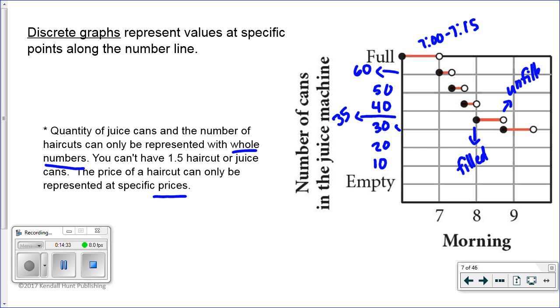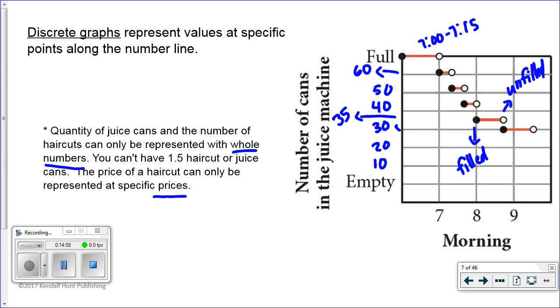So take a moment and think about why one of those circles might be filled in, and why one of those points might be an unfilled or an open circle. Think about what you know about graphing inequalities on a number line. When a circle is filled in, it's going to be equal to, right? When it's an open circle, it's not equal to. A solution doesn't belong there.